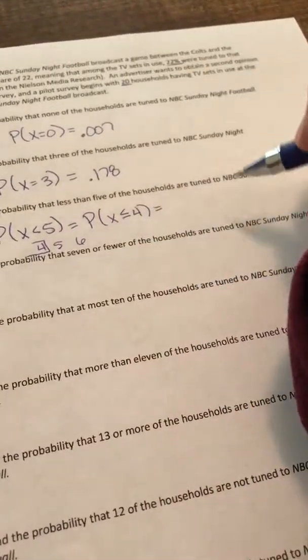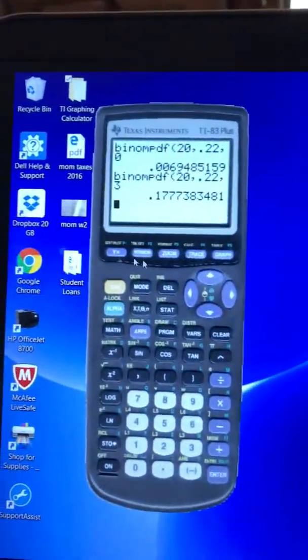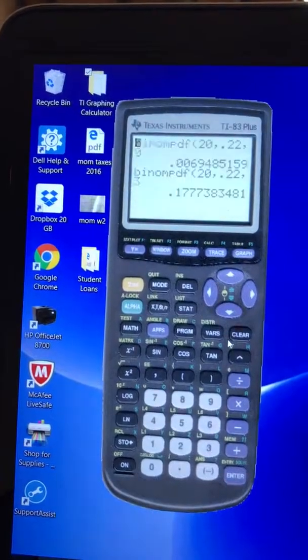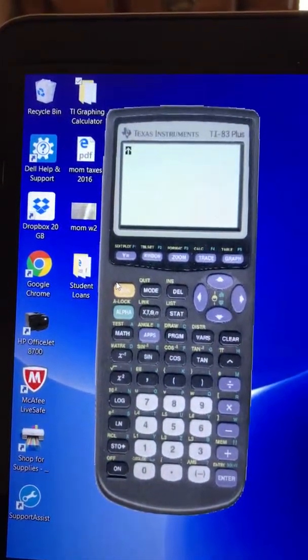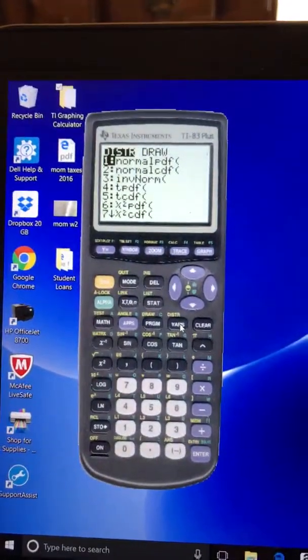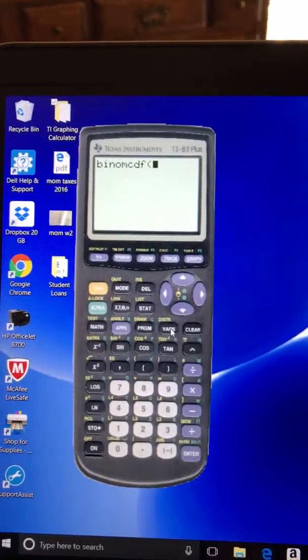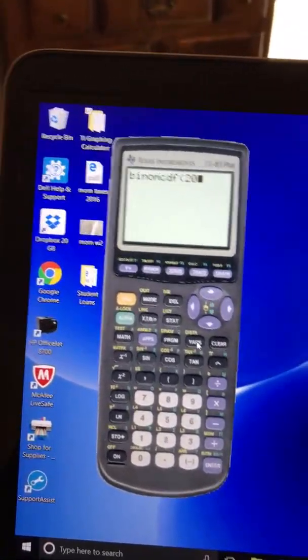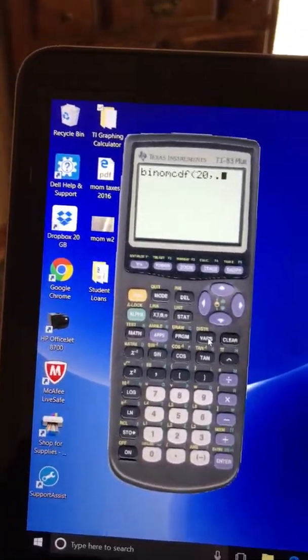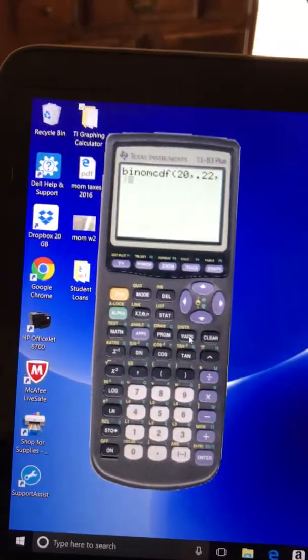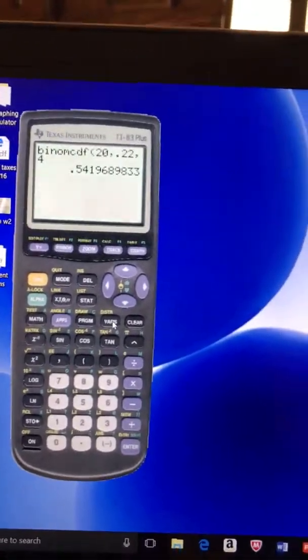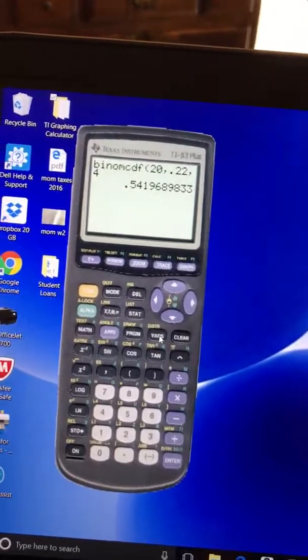Once you switch to less than or equal to, you do binom CDF. So go to second vars, binom CDF, 20, comma, P is 0.22, comma, we switched from 5 to 4 because we needed less than or equal to.